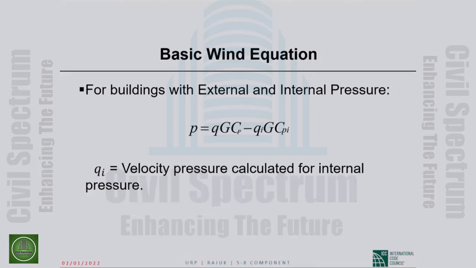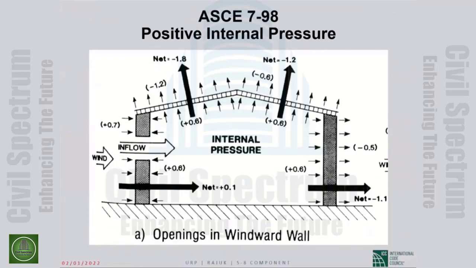In most applications we take q_i equal to q_h, the velocity pressure evaluated at the mean roof height level. You have to read up ASCE 7, that is not always permitted, but in most applications that's what we do, q_i equal to q_h. And remember, GC_pi is taken positive as well as negative.